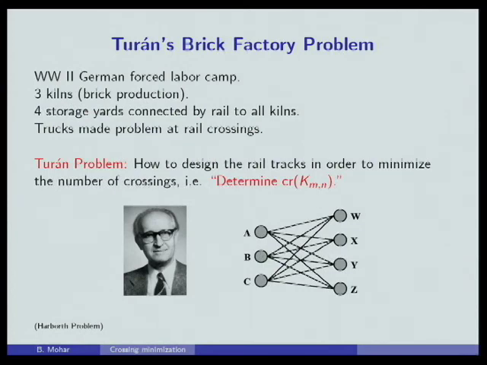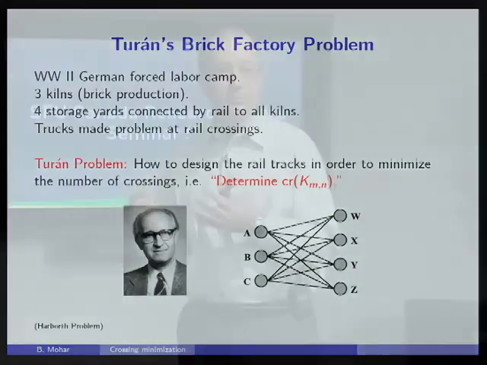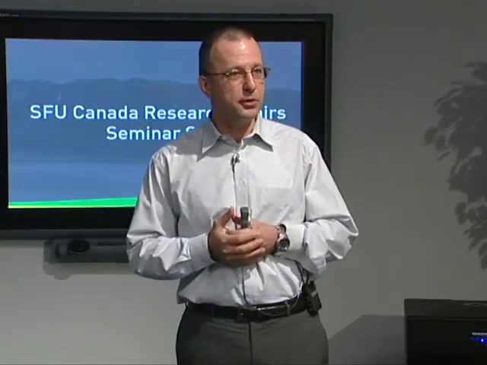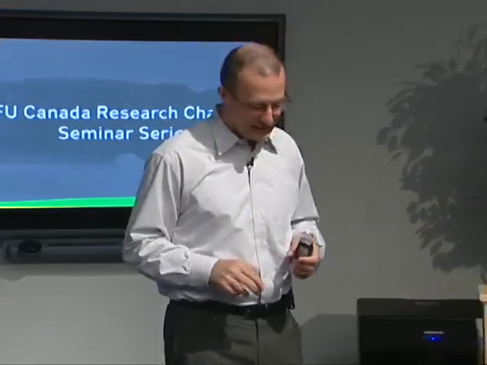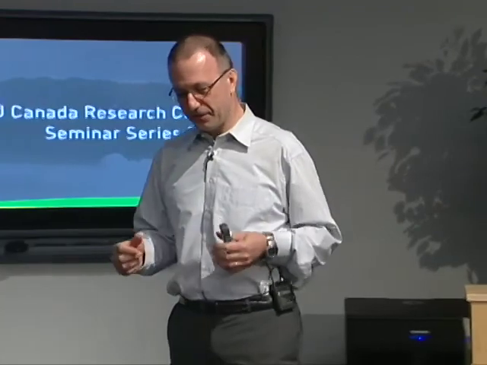Actually, I must admit I don't understand why he was trying to minimize this. I would suppose that people who were forced to work in the labor camp would tend not to be cooperative with the Germans. So he would maybe like to have a design with the most number of crossings.